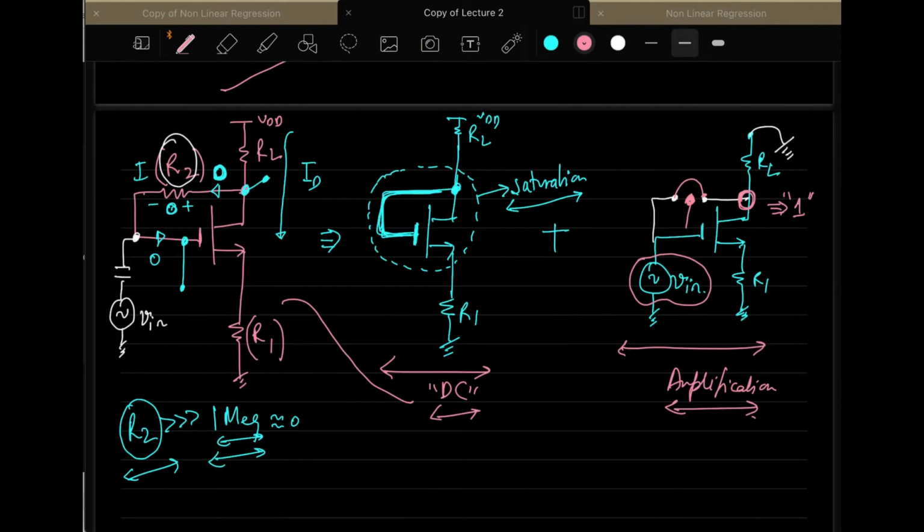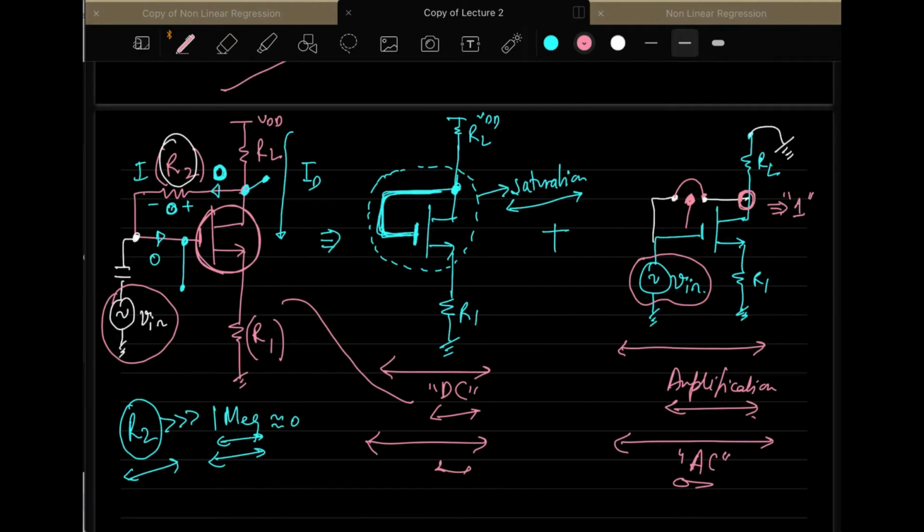Whenever you take any configuration from a book, you will see it's a combination of resistances connected to this MOSFET, and a voltage source V in connected like this. But at the end, it is a combination of a DC plus an AC part. Today we will discuss AC analysis, and we assume that DC analysis will always keep the transistor in saturation.